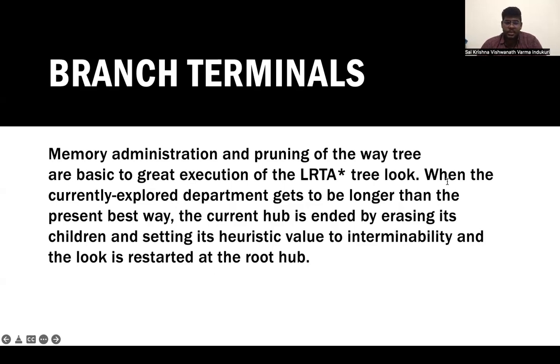Also, since the heuristic estimate of a node is always less than or equal to the real distance, the heuristic can be used to prune nodes from the tree.